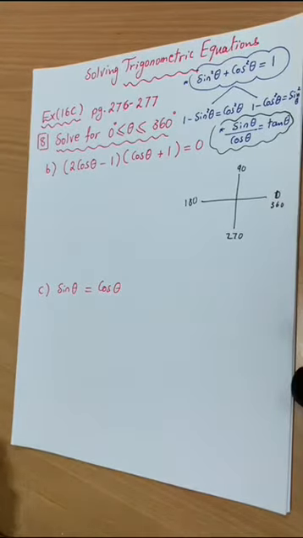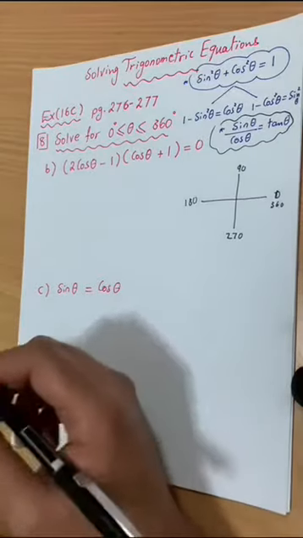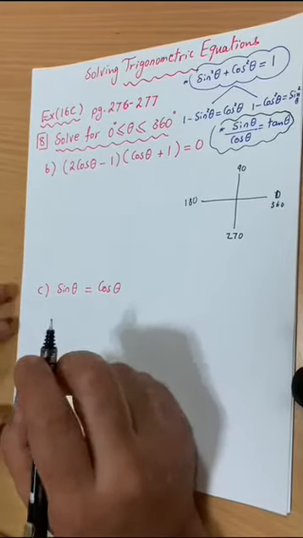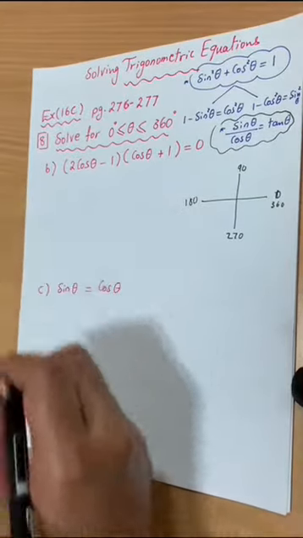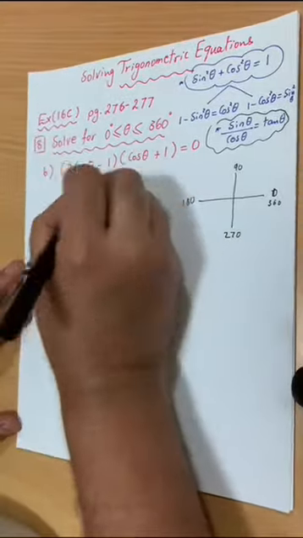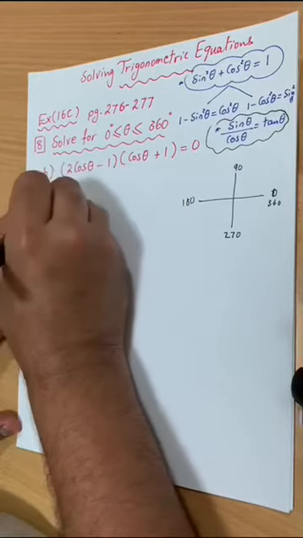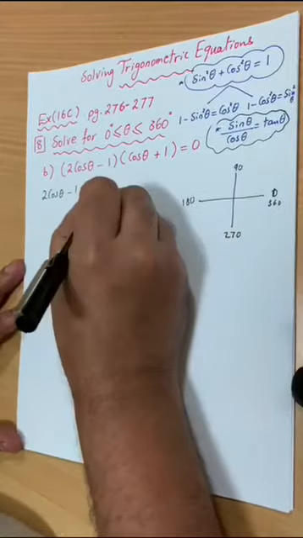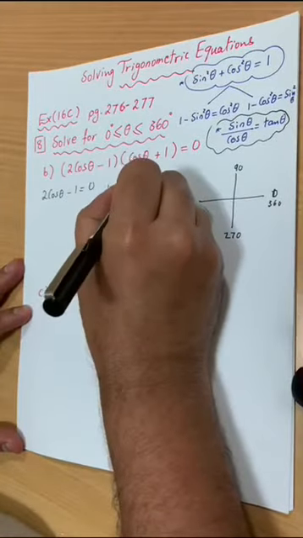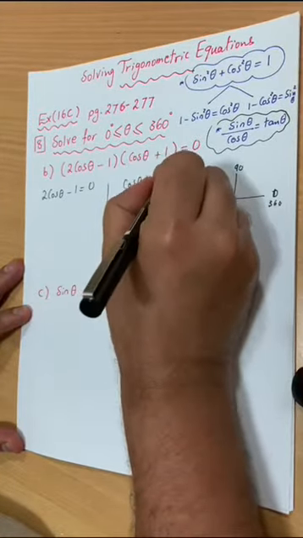Now we're going to solve each expression, each bracket, individually. For the first bracket, from this bracket, 2 cosine theta minus 1 equals 0, and cosine theta plus 1 equals 0.